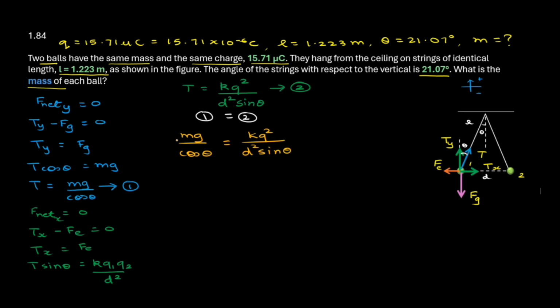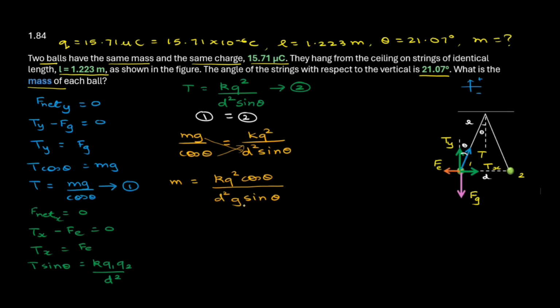We want to find the mass m, so let's rearrange the terms. I'm going to multiply with cosine theta and divide by g. We get m equal to kq squared cosine theta over d squared g sine theta. Now this is the expression for calculating the mass.